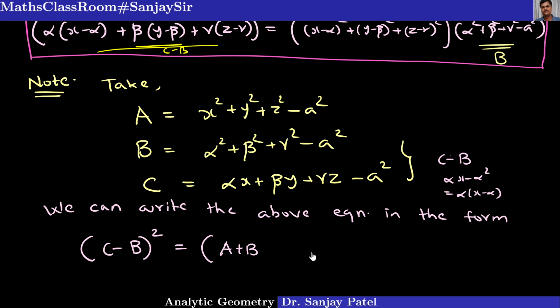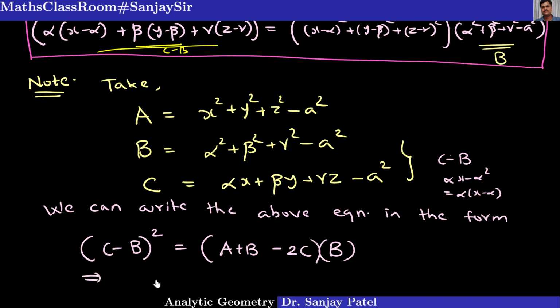So I must write minus 2 times C. So automatically this a square will be cancelled. That can be verified very easily. And what remains is capital B. So just these three brackets in this equation can be replaced by this form, C minus B whole square.